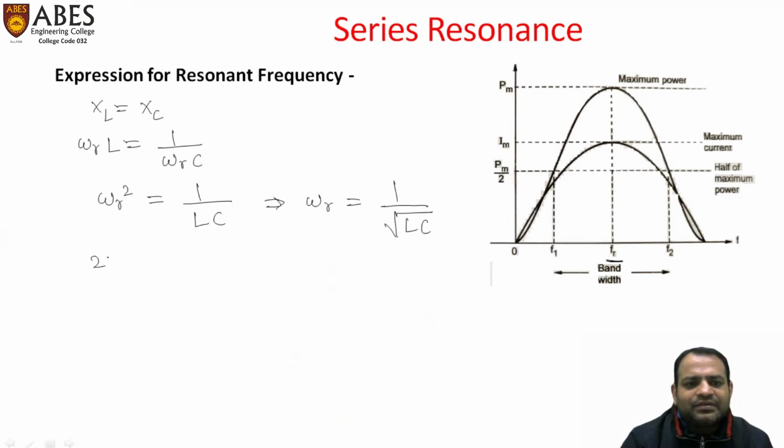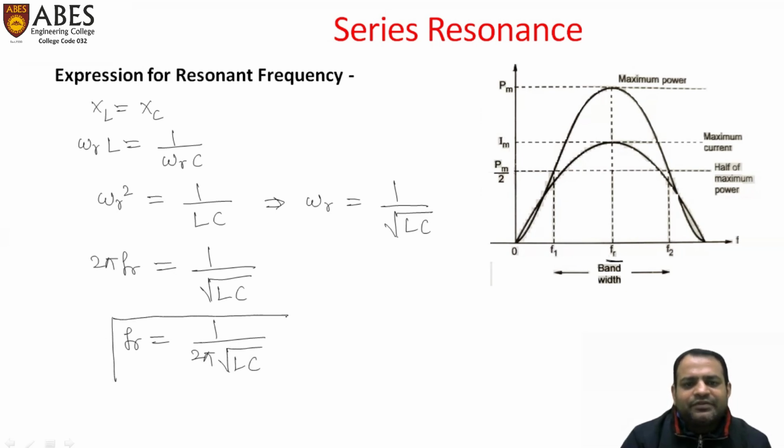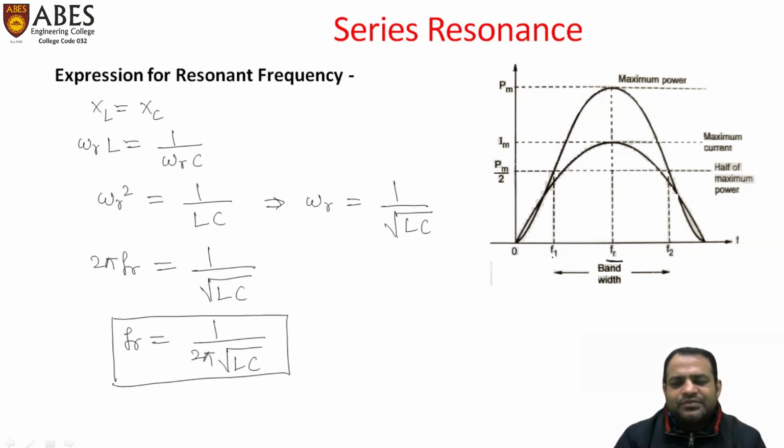Now omega r is 2 pi Fr, that is 1 by root LC. So Fr is 1 by 2 pi root LC. So this is our resonant frequency, which is also derived using cutoff frequencies F1, F2 later on, at which XL is equal to XC.